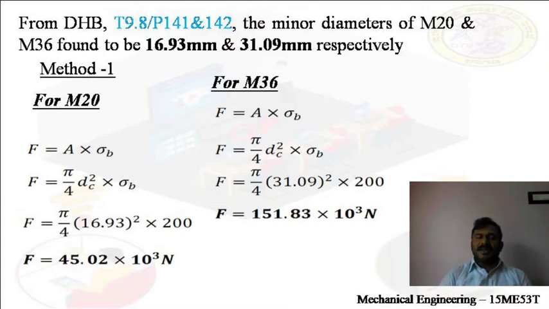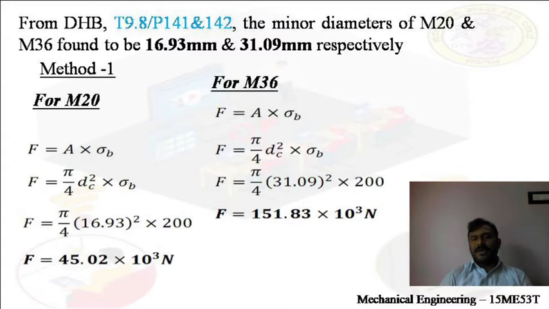We know that force is equal to area into stress. Area is core area, pi by 4 dc square into sigma b. Pi by 4 into 16.93, I substitute the values, 16.93 into 200. On calculating this, you will get 45.02 into 10 raised to 3 Newton. Similarly, we have to calculate it for M36 bolt.